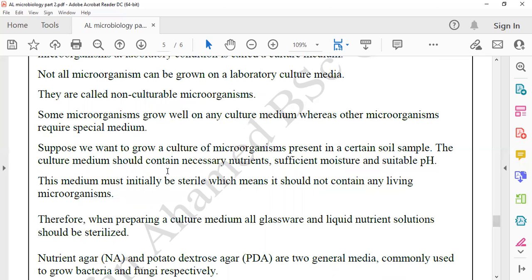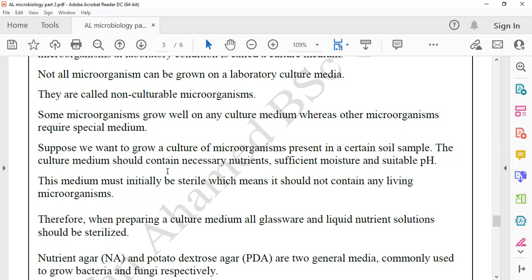Okay, right. In a culture medium, sufficient nutrients should be there. Moisture, sufficient amount should be there. Suitable pH should be there. All these things we have to maintain. Right? When we prepare a culture medium, after preparing it, we are the one who introduce the initial sample from which the microorganism has to grow.